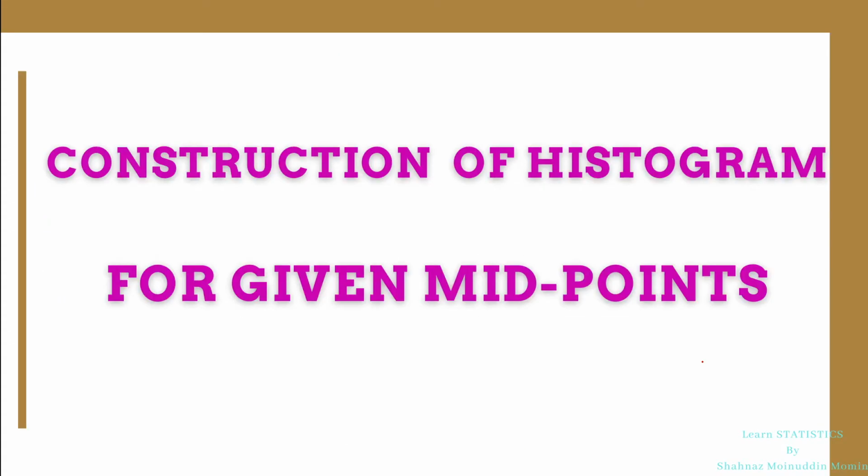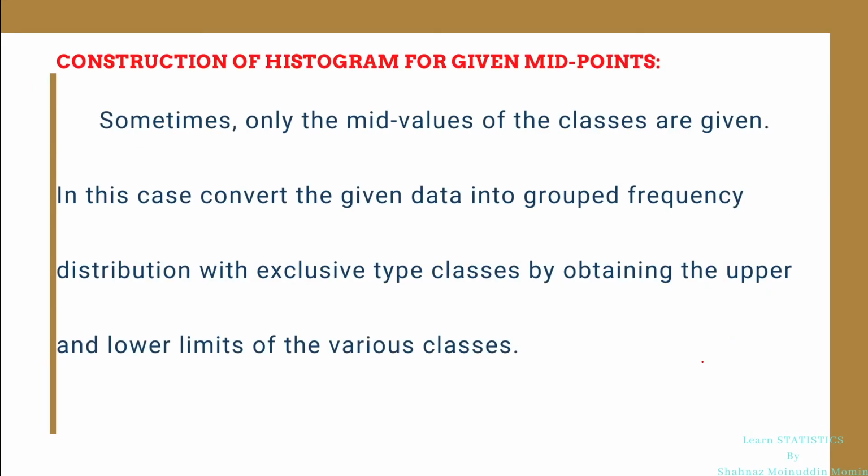construction of histogram for given midpoints. In this case, we are not given the classes, but we are given the midpoints and their corresponding frequency. In such cases, how one can draw the histogram? So let us start to learn the construction of histogram for given midpoints.